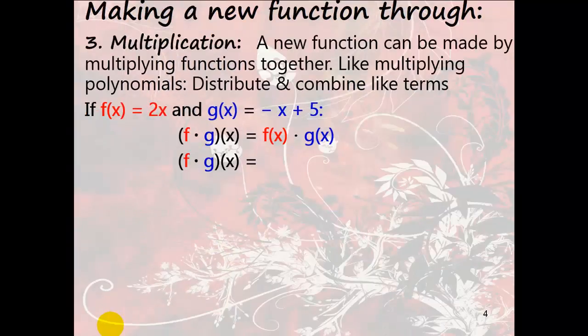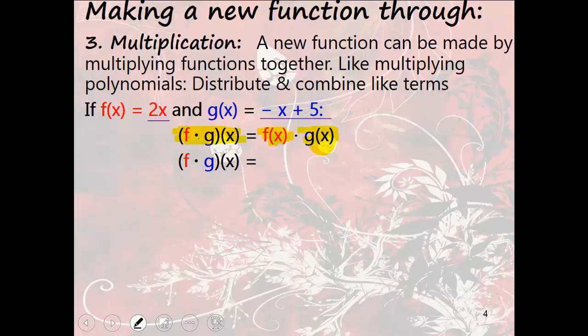Multiplication. I can make a new function by multiplying the two original functions together, distributing and combining like terms. I'm going to use those same two polynomials, 2x and negative x plus 5. The product function, f times g of x, is the same as just multiplying f of x times g of x.